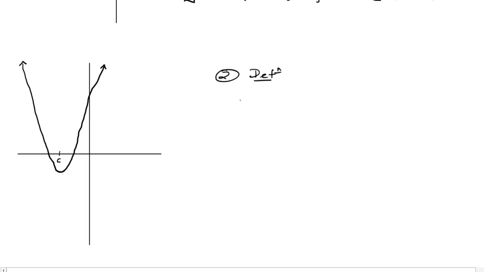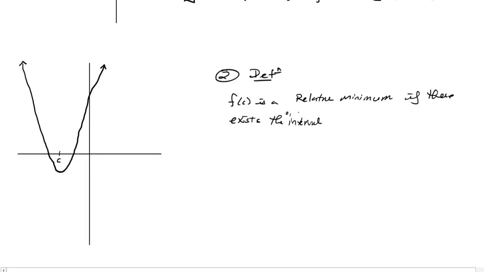So we'll say f of c is a relative minimum if there exists that same interval I, the open interval, so I have to say open interval I, containing c, such that, take a stab here, that f of c must be less than f of x.